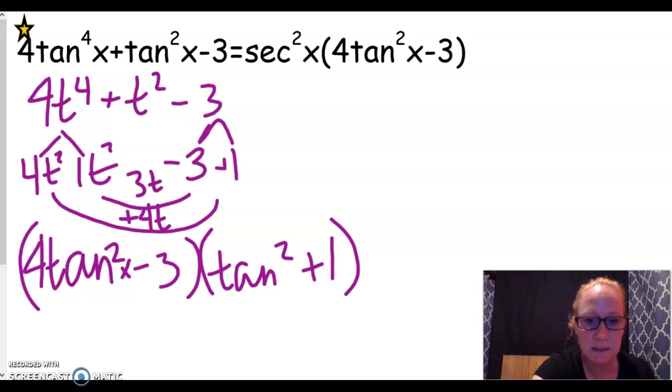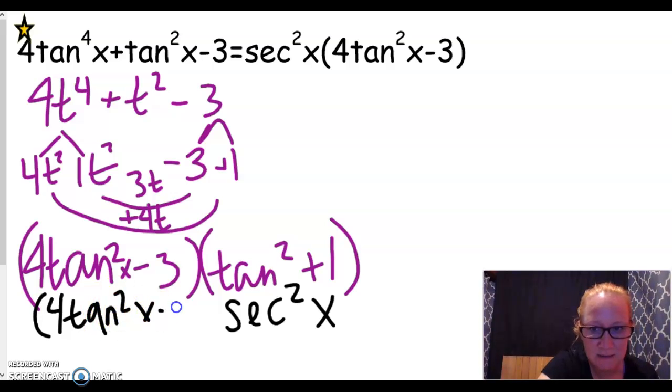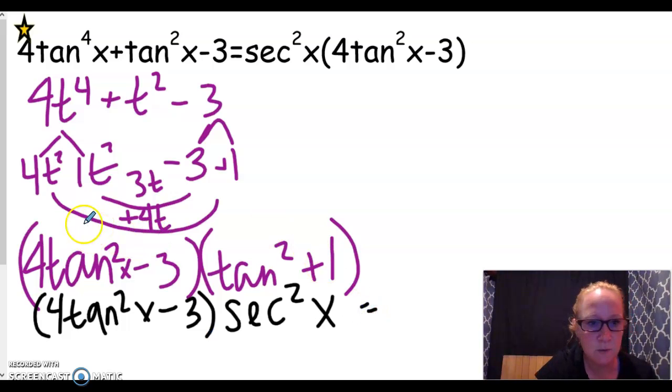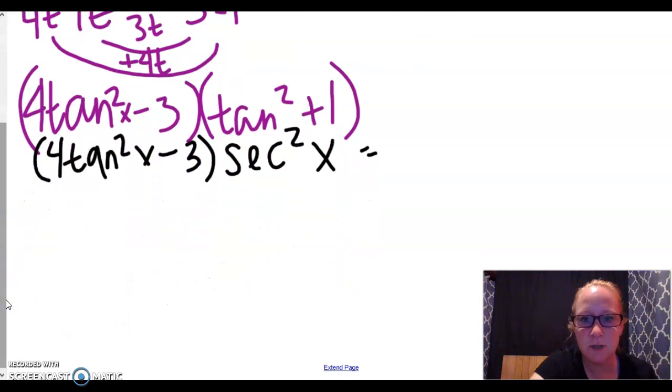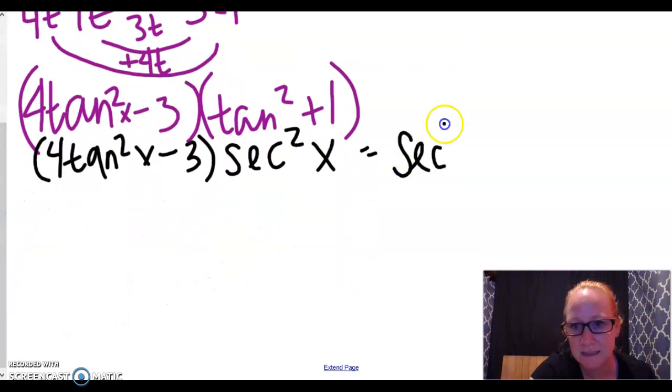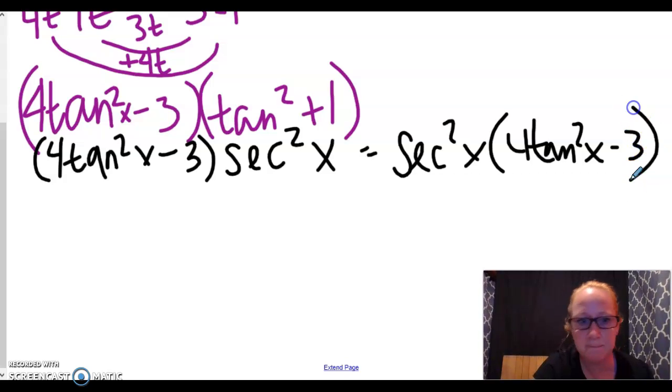So this is secant squared x, and this is 4 tangent squared x minus 3. That looked like it was going to be a little rough, but was okay. And you can multiply in any order. So that is the same as secant squared x, 4 tangent squared x minus 3.